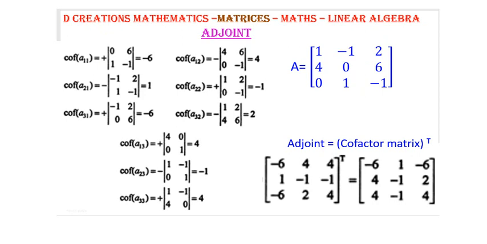Minus 1 into 0, so that itself is 0. So I'm saying minus of 6. Straightforward, minus of 6. Please remember, what we're doing here is taking a determinant. Do not confuse this with the modulus sign, okay? Alright, so this is minus 6.